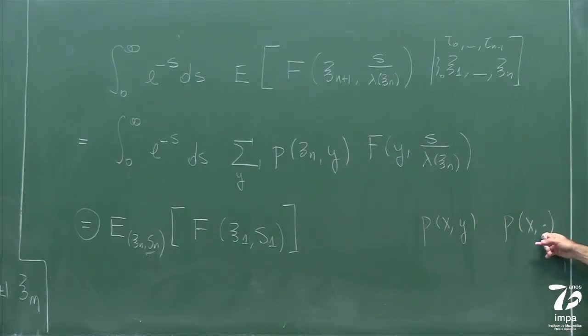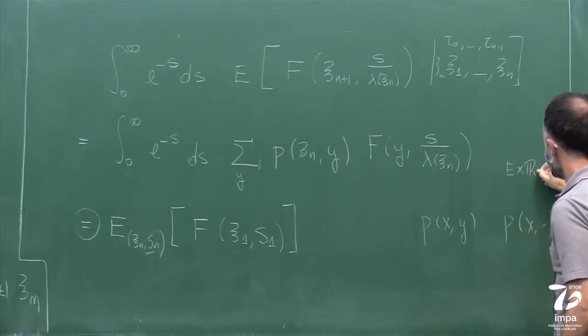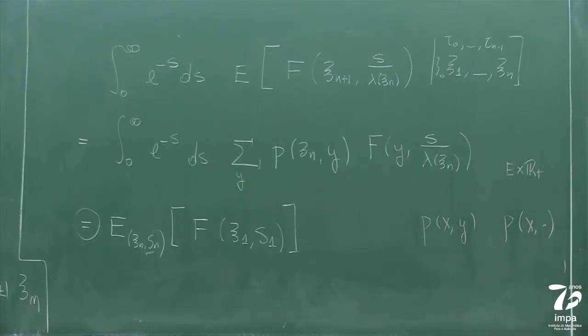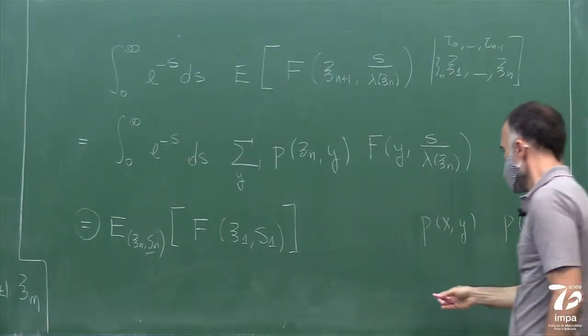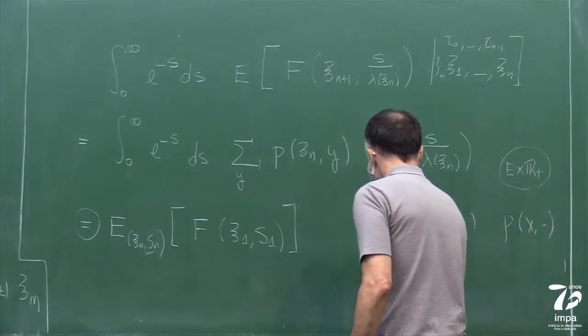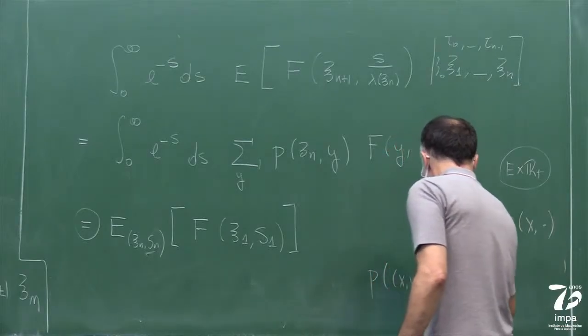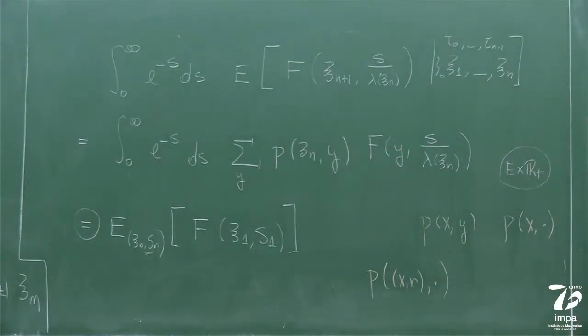So it's a measure which depends on the starting point. Now, if you have a process on E times R plus, what you'll have is that for each point in E times R plus, you have a measure, but a measure on this space. So P XR has to be now a measure in this space.